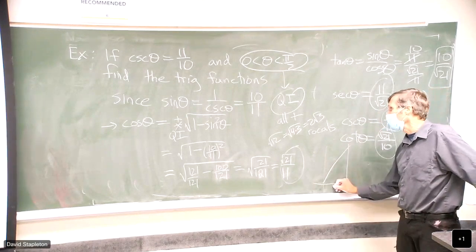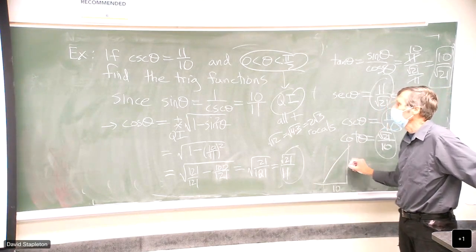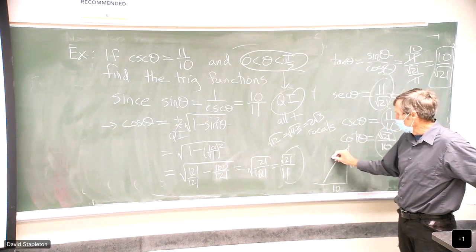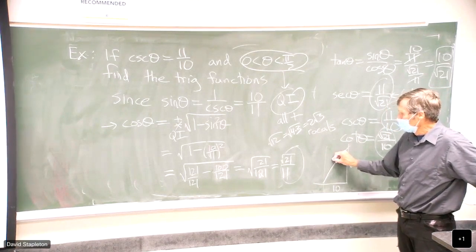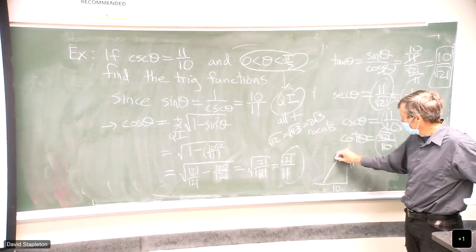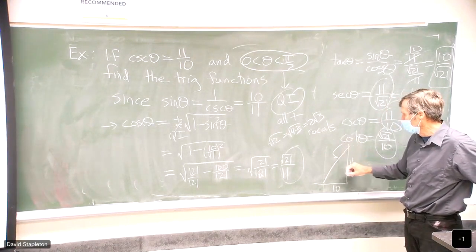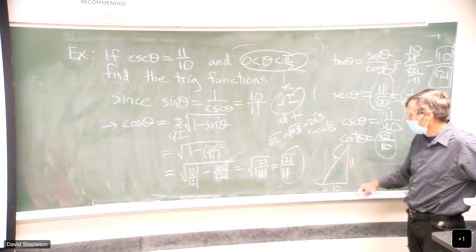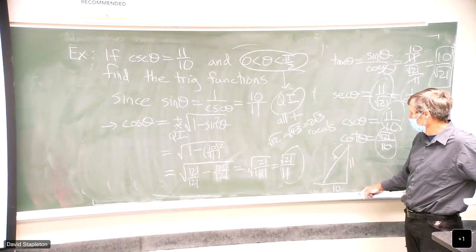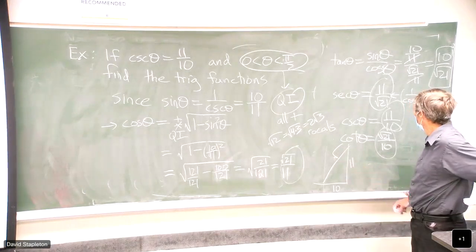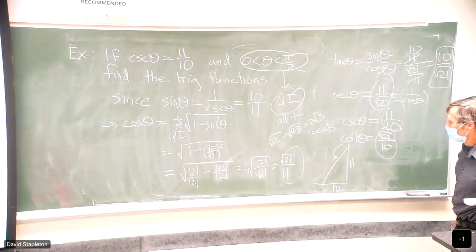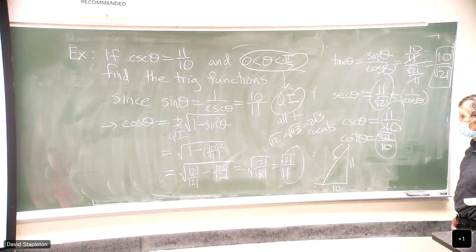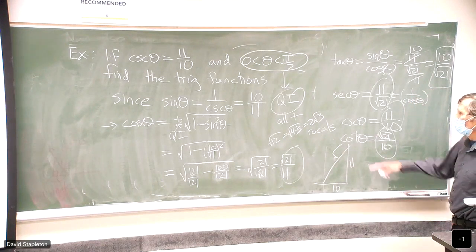Where this is 10, this is 11, now this is the square root of 221. Let's see. Oh, I know, I drew that wrong.